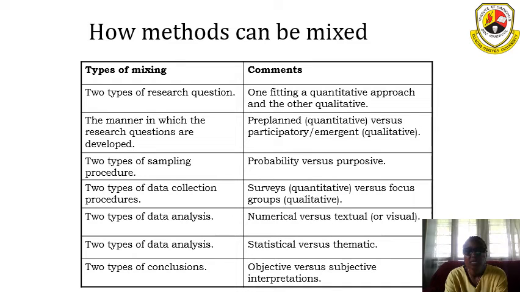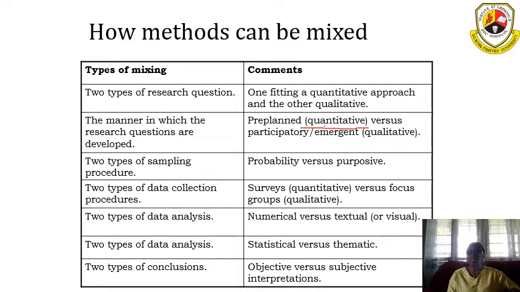The second would be the manner in which the research questions are developed. There are situations where somebody may start with a questionnaire or a survey, and in that survey there's an emerging trend. And rather than go back and administer another questionnaire, the person says, let me go in with interviews to understand this emerging trend that was not forethought, something that needs to be understood.